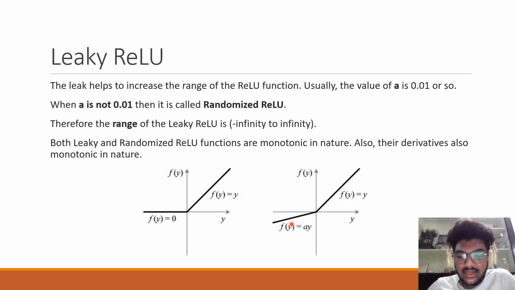Therefore, the range of the Leaky ReLU is minus infinity to infinity, whereas in the case of normal ReLU, it was from 0 to infinity. As the name indicates, it's leaky. It's leaking to negative infinity. We can remember the points in that way. Also, both Leaky ReLU and ReLU functions are monotonic in nature, and their derivatives are also monotonic in nature.